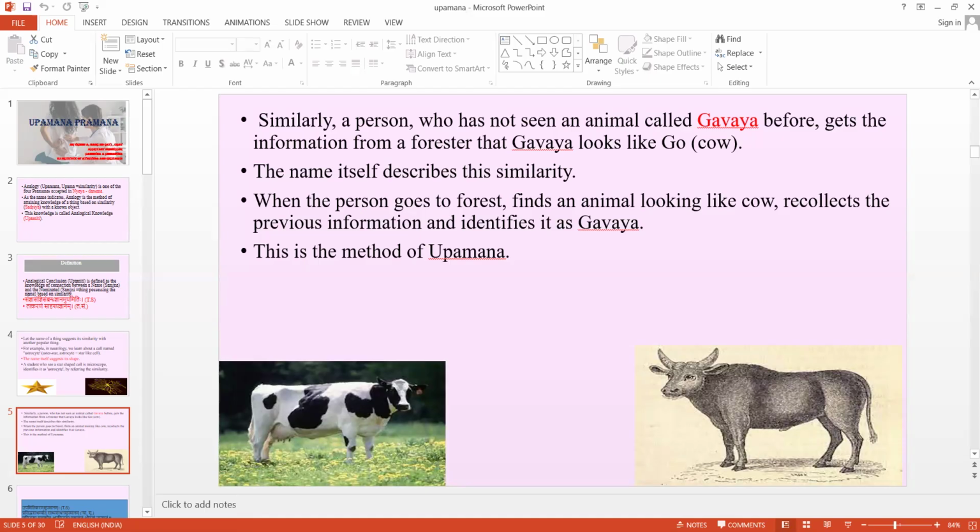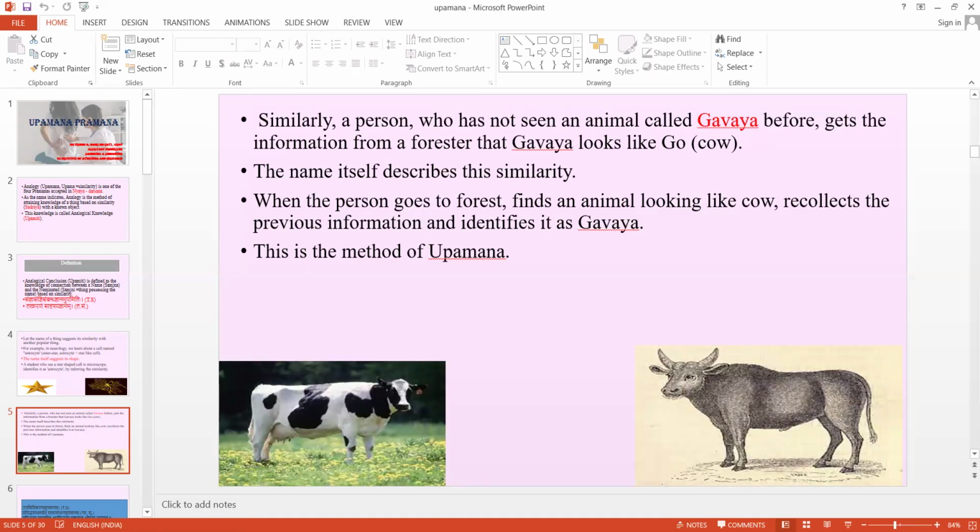Sanjna, Sanjni, Sambandha: Sadrishya. Enough. As examples, you can write Go and Gavaya, or astrocytes and starfish, all these things. But you have to incorporate maximum Ayurvedic examples.